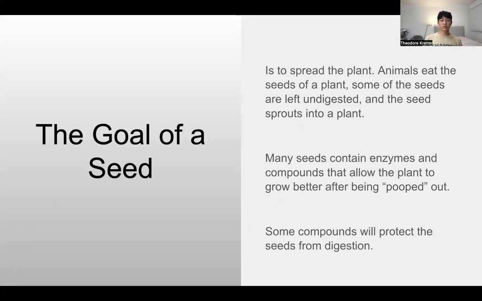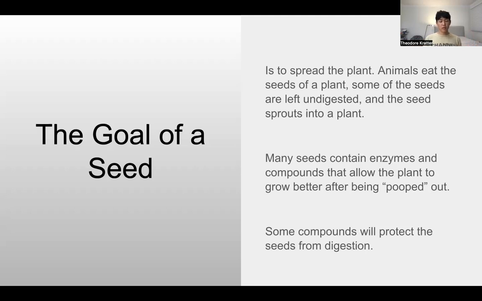One more piece of background is the goal of a seed. Let's think evolutionarily: the goal of a seed is to spread the parent plant. Animals will eat a seed, they'll walk around, and then basically they'll poo out a bunch of seeds. Some of them will be digested, some will not, and some of those seeds will sprout into a new plant.